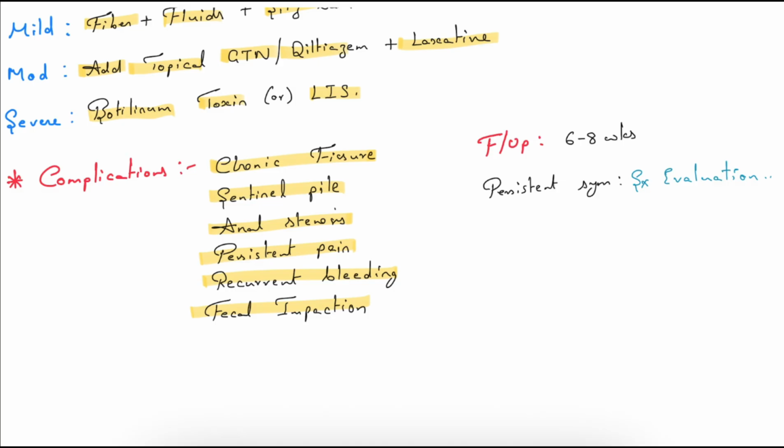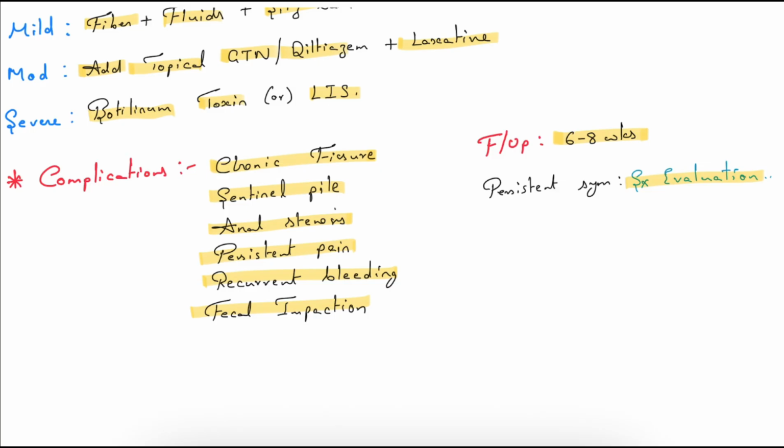Next, for follow-up, we have to review after 6 to 8 weeks, and we have to assess pain relief and healing, stool consistency, compliance and recurrence. If the patient has persistent symptoms, we can go for surgical evaluation.